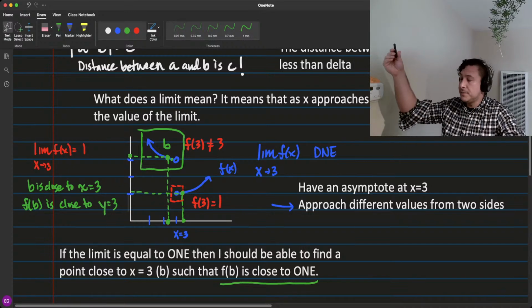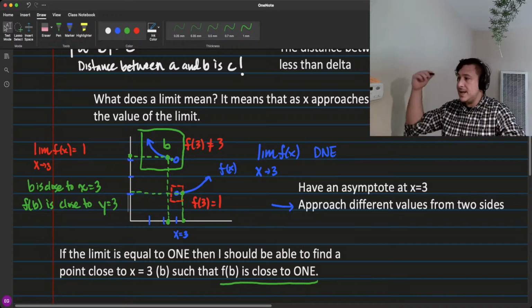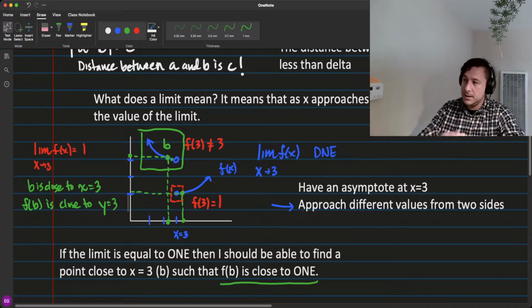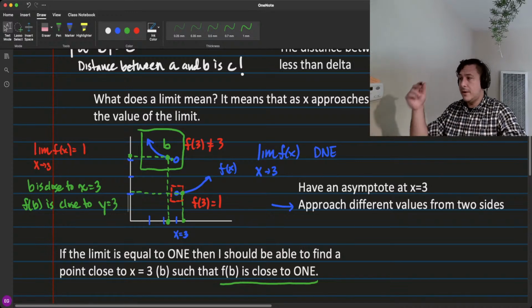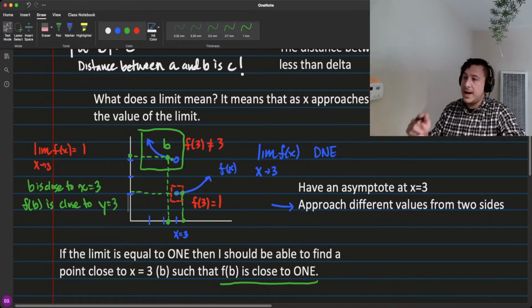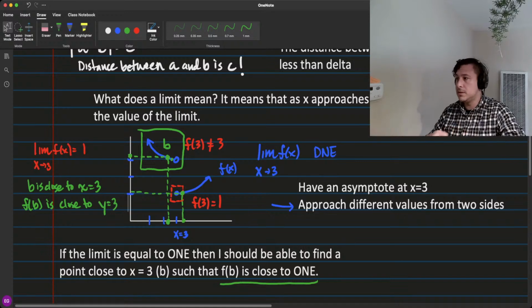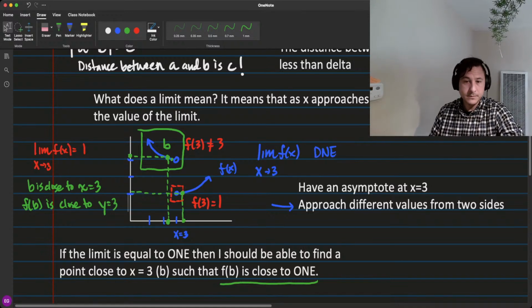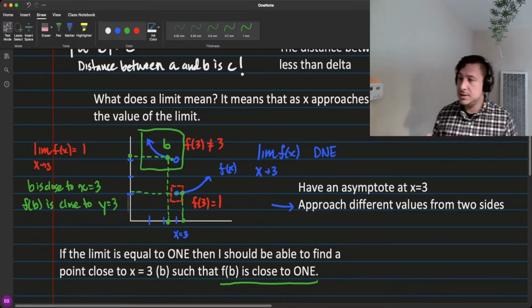So on the right, the limit is equal to 1, because the x values close to 3 have y values close to 1. However, that doesn't happen on the left side. All of the x values close to 3 do not have y values close to 1. Hopefully this reminds you of how this works.